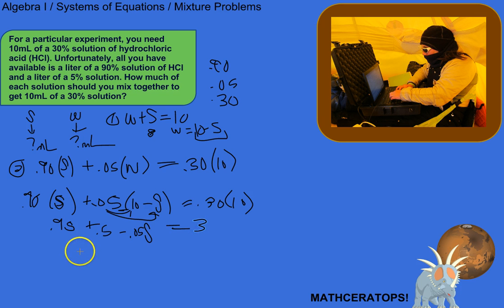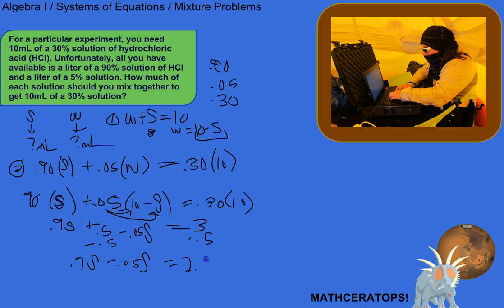All right, so let's go ahead and subtract this 0.5, get it over there. So we've got 0.9 S minus 0.05 S is equal to 2.5 milliliters.